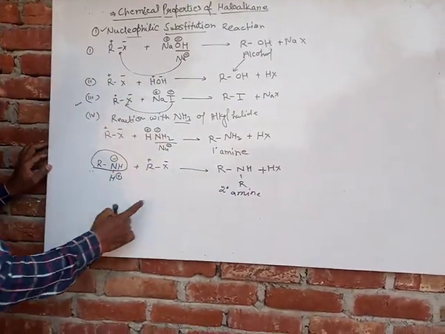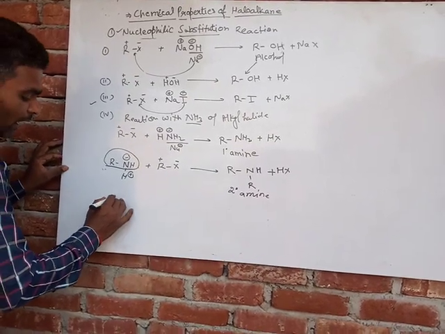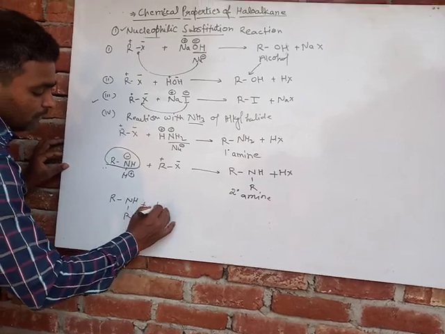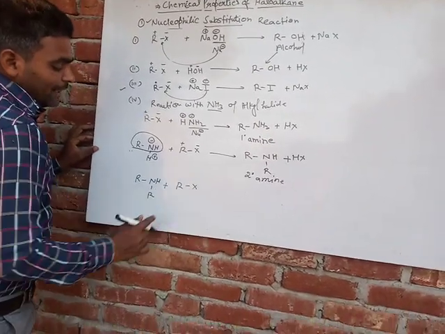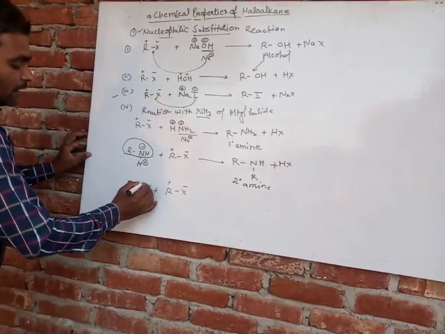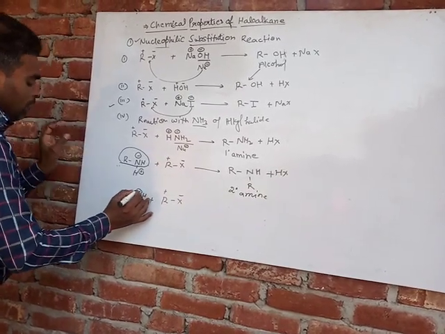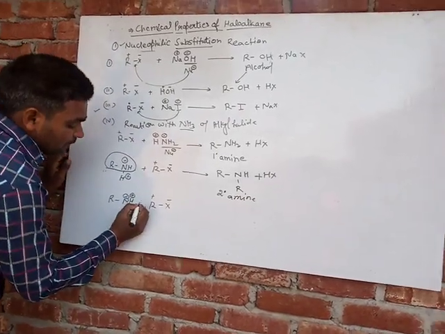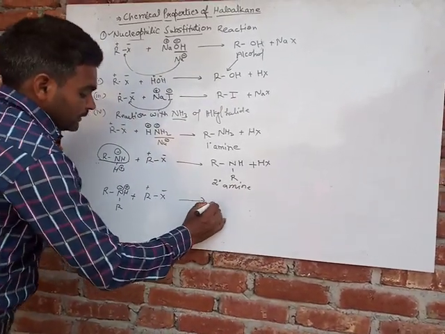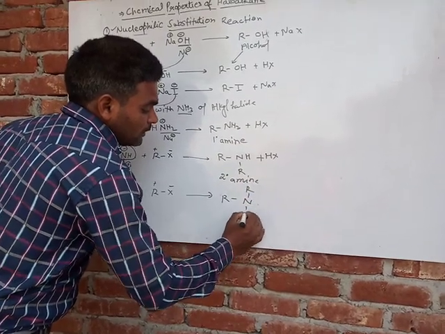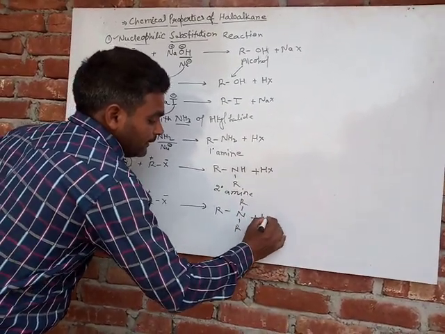And further, the secondary amine R2NH reacts with RX, here R plus and X minus, and N minus and H plus, and it further reacts with alkyl halide and forms R3N and HX.